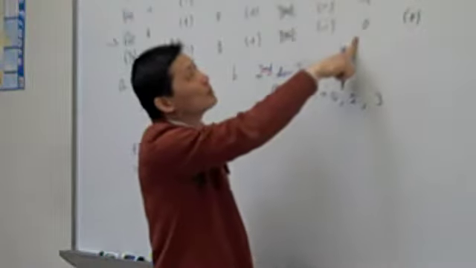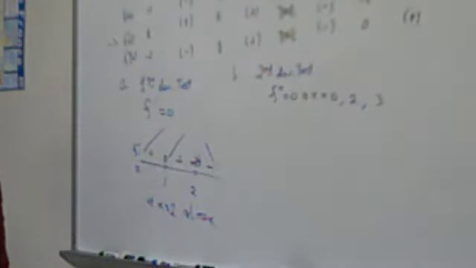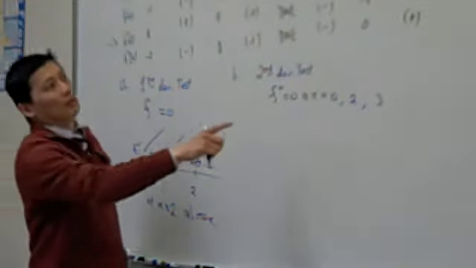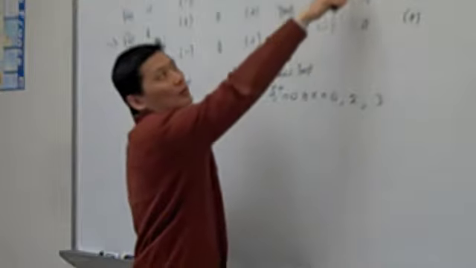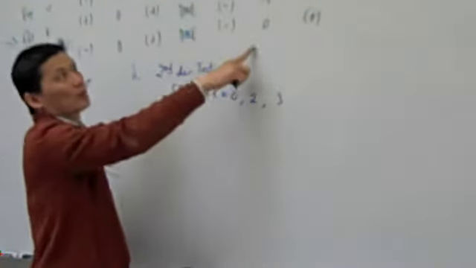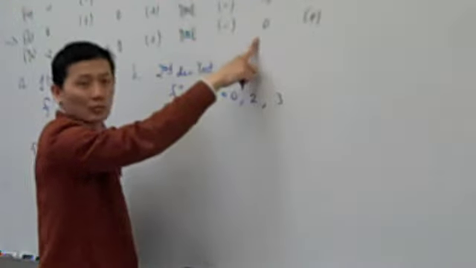Because this double derivative is equal to 0. Make sense? You see, the first derivative test at x equals 3 didn't show up. But for the second derivative test, x equals 3 shows up, because the second derivative is equal to 0.